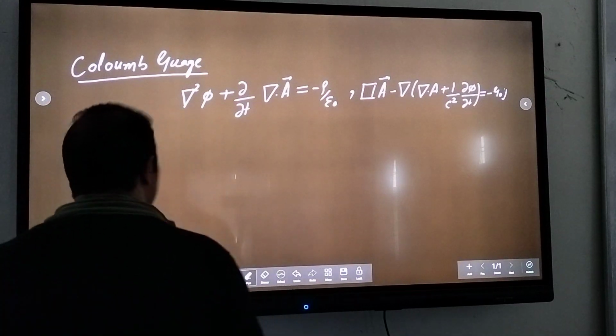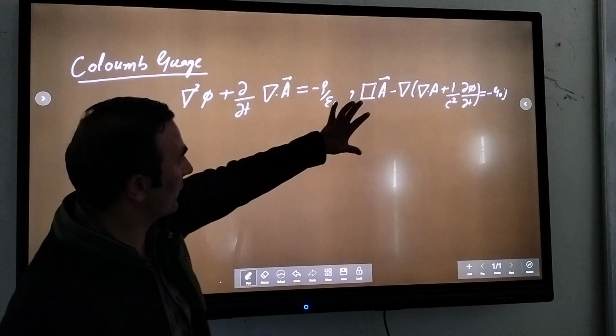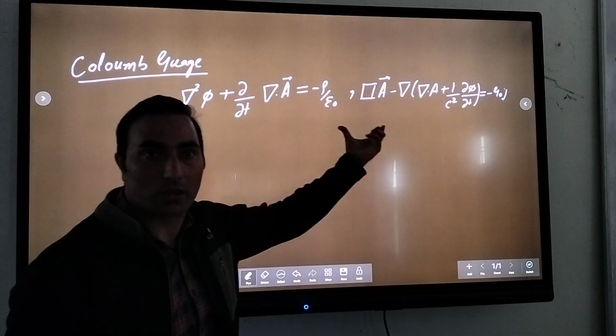Okay, so these are our Maxwell equations. So those four Maxwell equations, you can combine them and write them in this compact form, right?